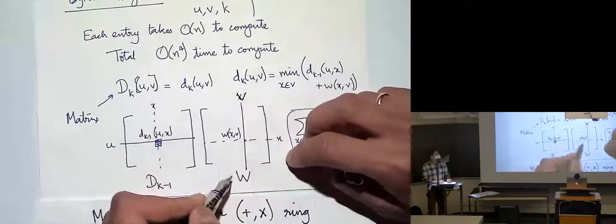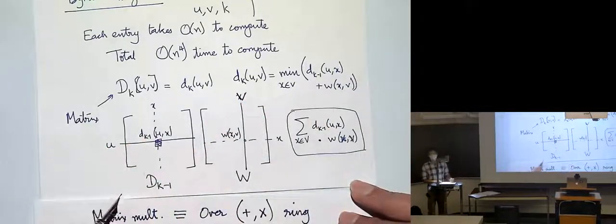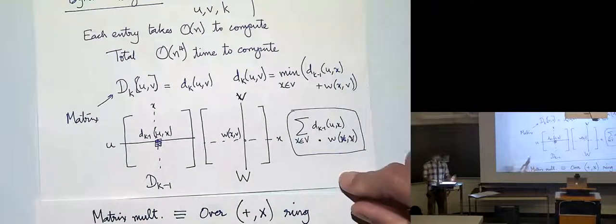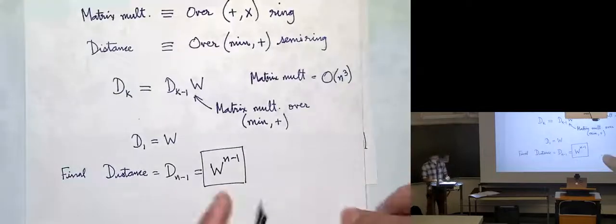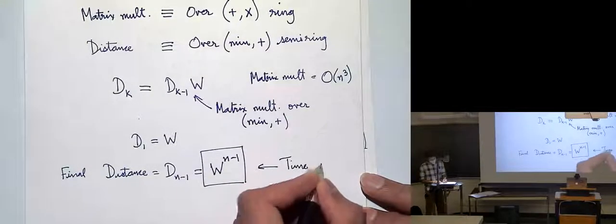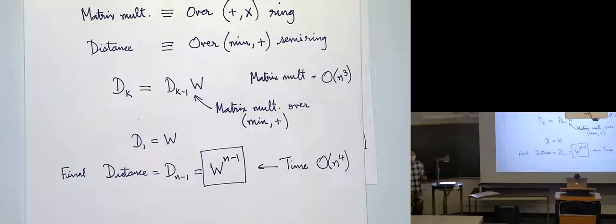Each multiplication, you have to go over the min, and you do it n squared times. So it's n cubed to do a single matrix multiplication. And if you do n of these, the time is O(n to the fourth). So we just redid what we have all over again.